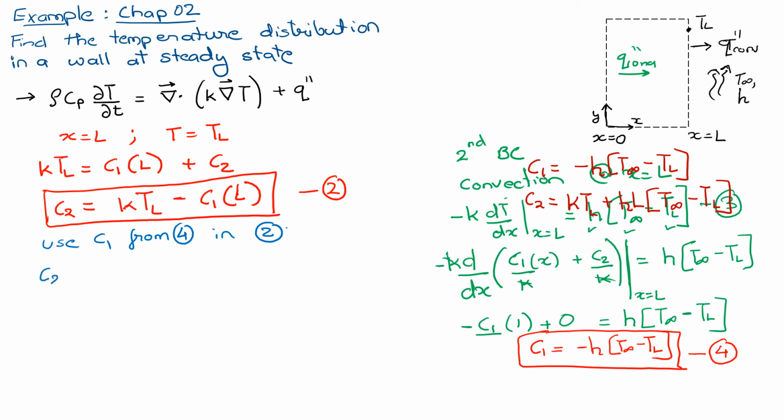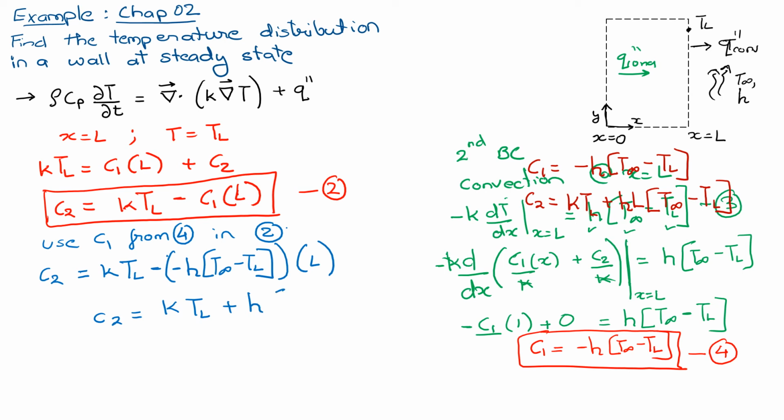So our C2 will now be k times TL minus minus h times T infinity minus TL times L. So our C2 will be k times TL plus h times L times T infinity minus TL. And this is how we find the two constants.